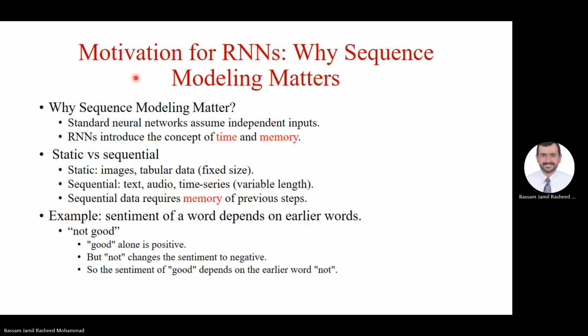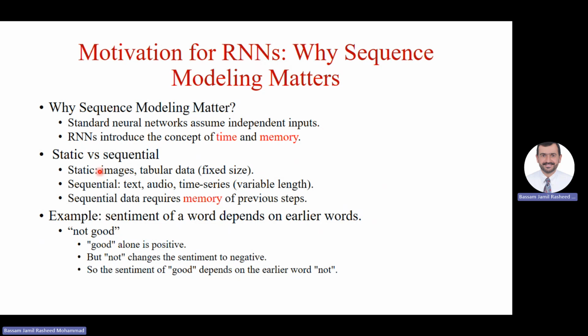So why do we care about sequence modeling? Why does it matter? Standard neural networks assume independent inputs, the ones that we studied. On the other hand, RNN introduces the concept of time and memory, right? Time means that we have time steps. Memory means you are retaining information of what you have seen from the previous data.